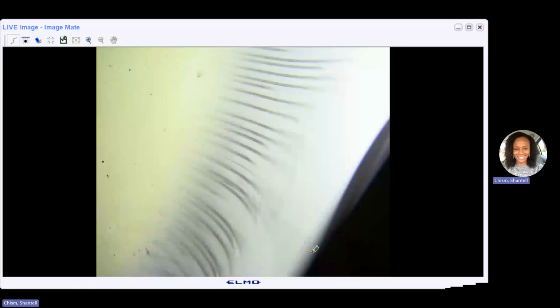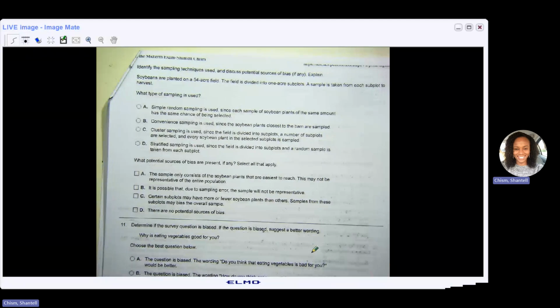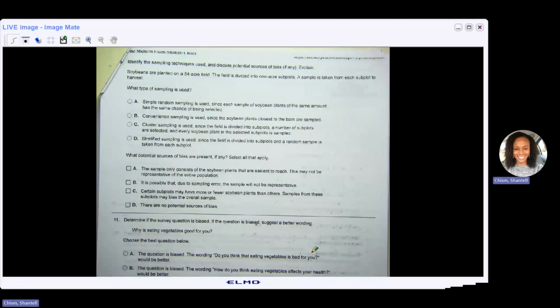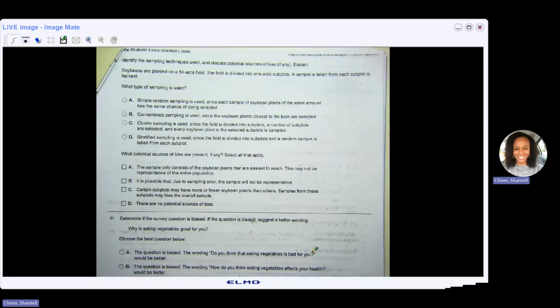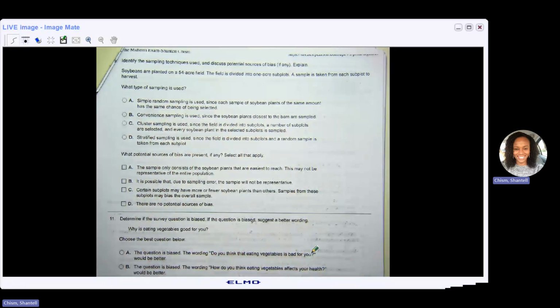Okay, moving on. Another problem related to sampling technique. It says soybeans are planted on a 54-acre field. The field is divided into 1-acre subplots. So again, we're talking about groups, dividing the total field into 54 subplots, so 54 groups.